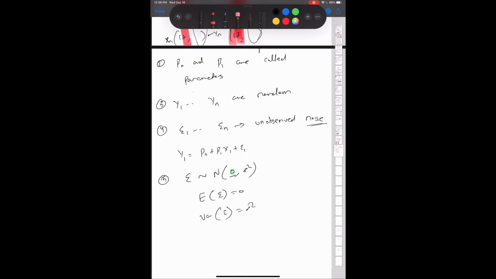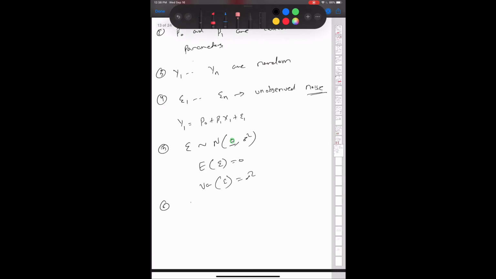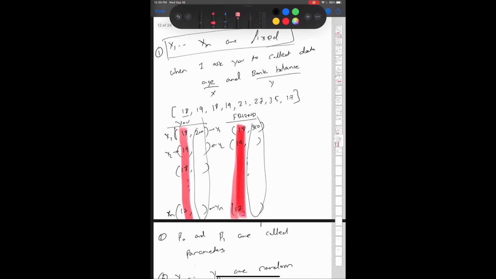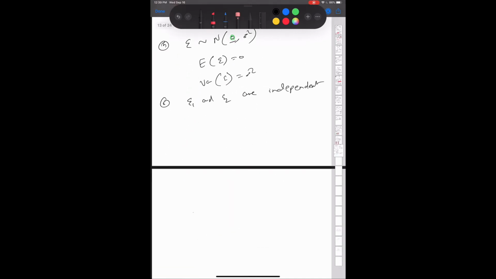We also assume epsilon 1 and epsilon 2 are independent. So we have this data set, and we have our regression model: y1 equals beta 0 plus beta 1 x1 plus epsilon 1, y2 equals beta 0 plus beta 1 x2 plus epsilon 2, and yn equals beta 0 plus beta 1 xn plus epsilon n.